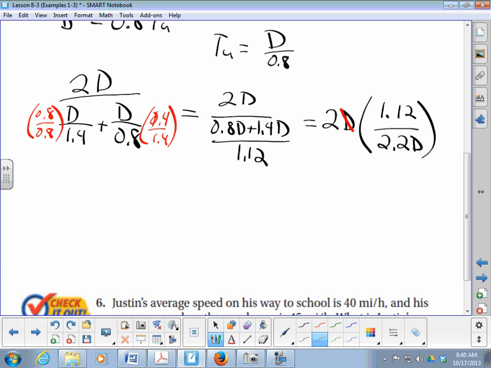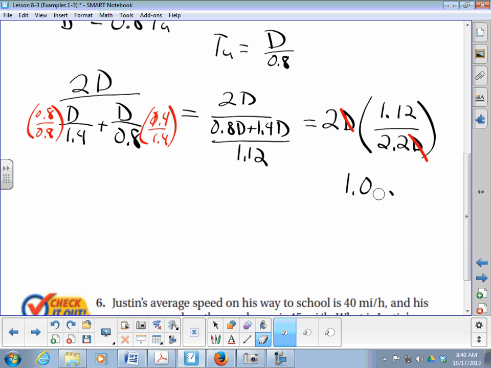So these D's cancel, and we get what? 2 times 1.12 divided by 2.2 is what? 1.02?